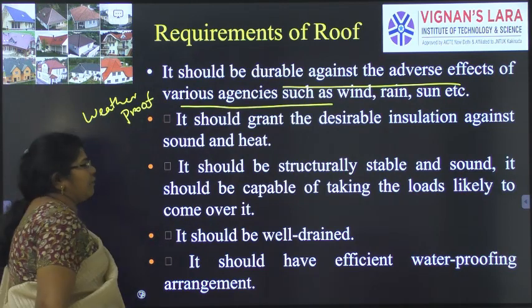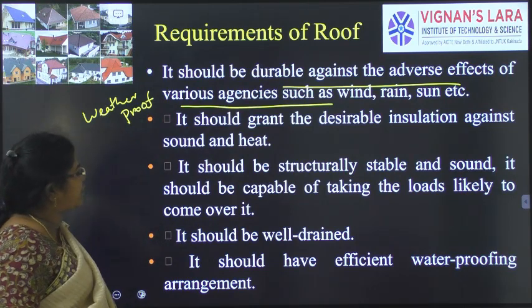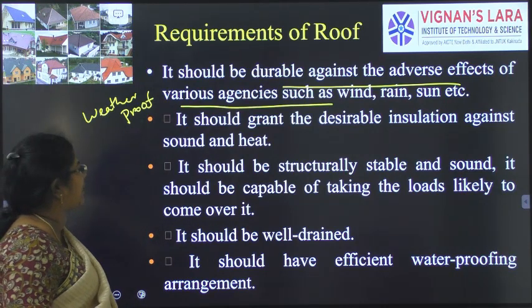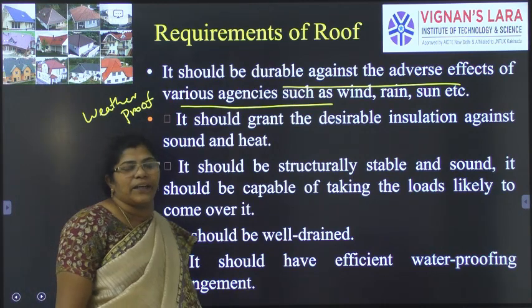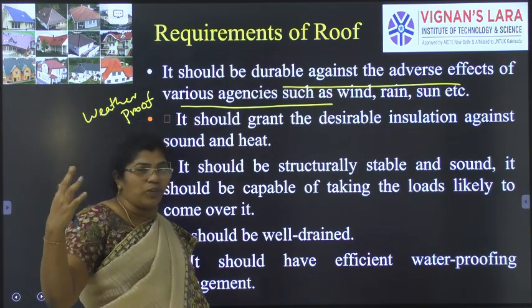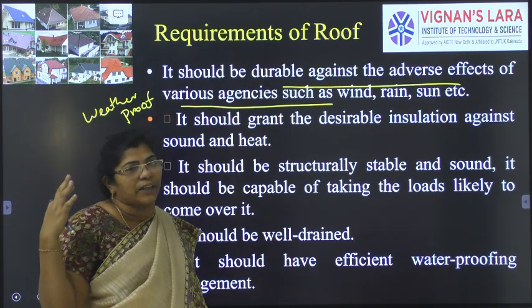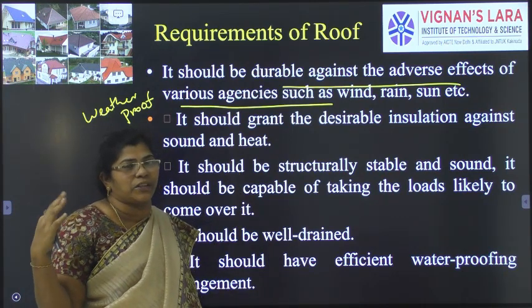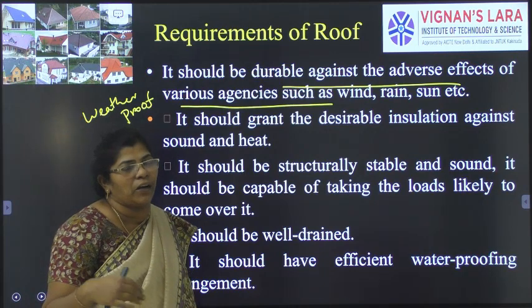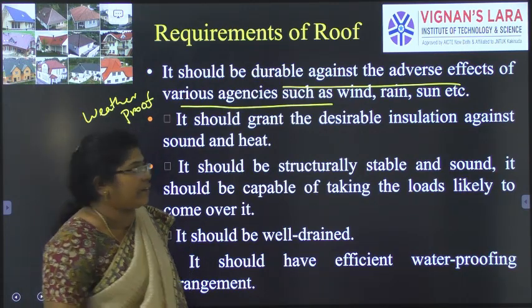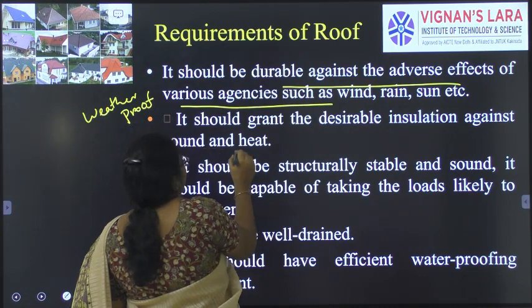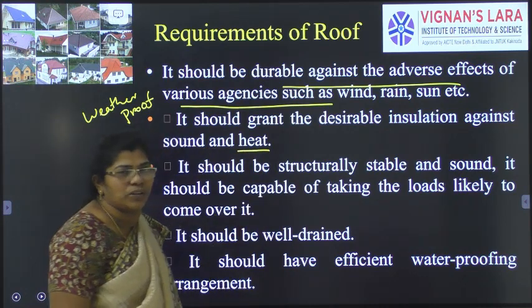The second one: it should provide the desired insulation against sound and heat. With the heavy sun, it is very hot outside, and that temperature should not be allowed directly inside. It should be protected, that is, insulation against heat and also sound.